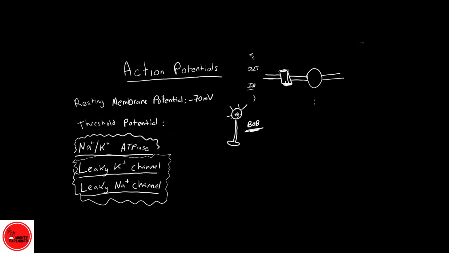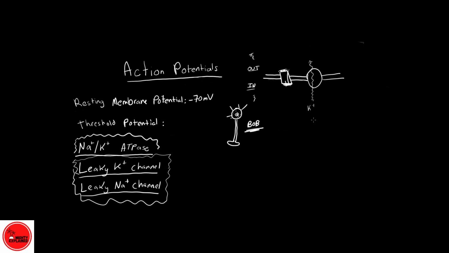And these leaky channels are passive. They're just leisurely open a little bit, and they allow potassium to leak along its concentration gradient. Now, if there's a bunch of potassium inside, where is it going to want to go? High concentration to low concentration, so it's going to go out.